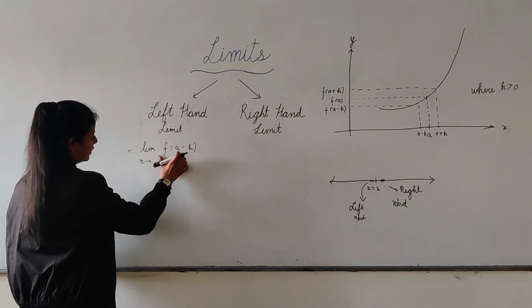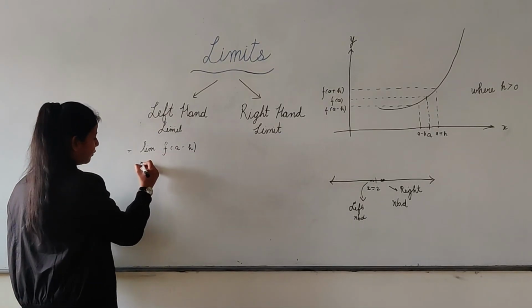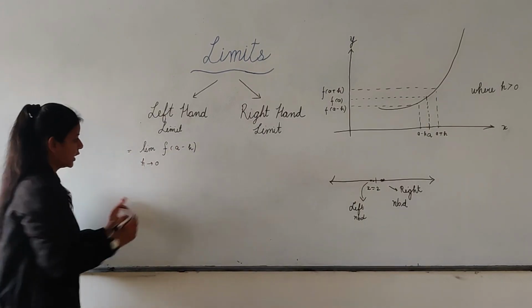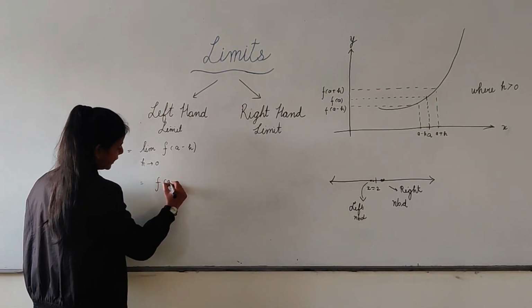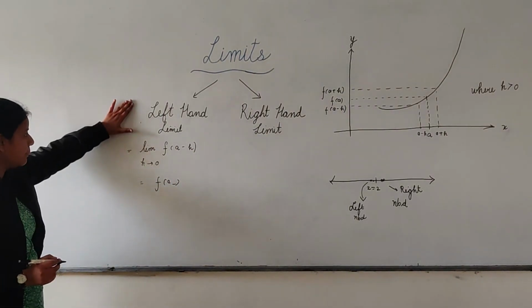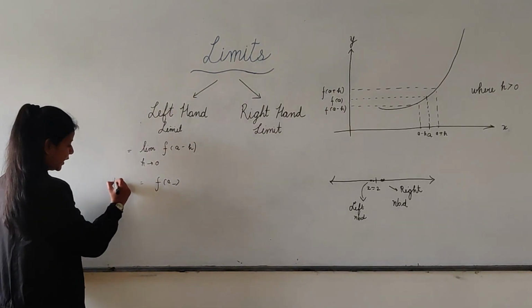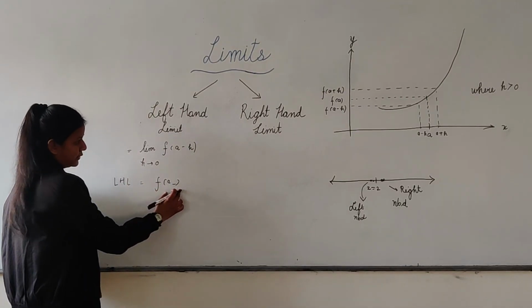Since x approaches a where h tends to 0, this can be written as f of a minus. This is the mathematical definition of left hand limit, the value of LHL, that is f of a minus.